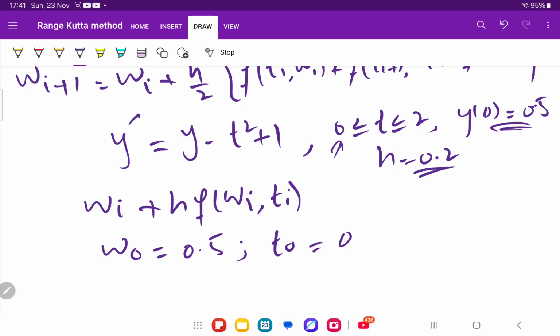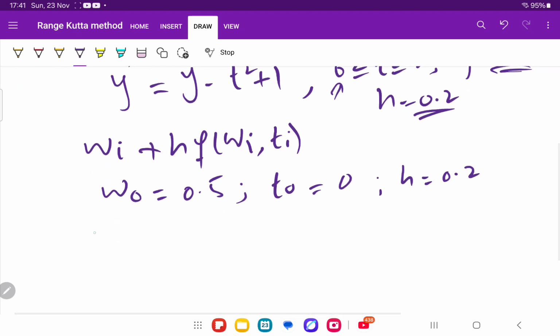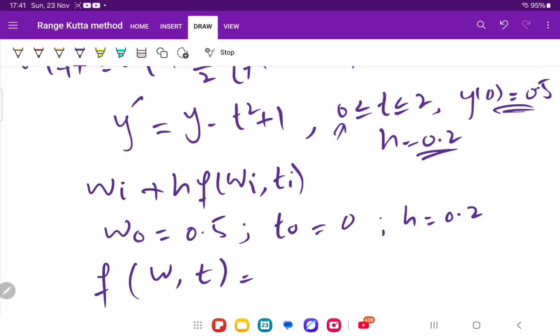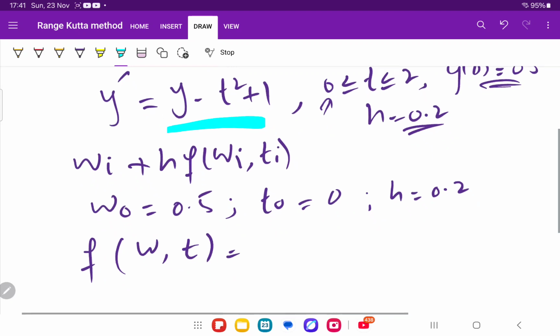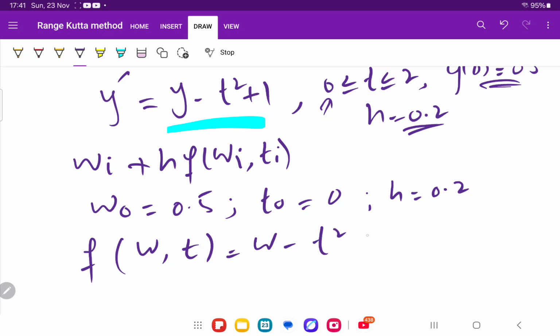So w naught is 0.5, t naught is 0, and we need h equal to 0.2, and we need f. So f of w and t will be taken from here.